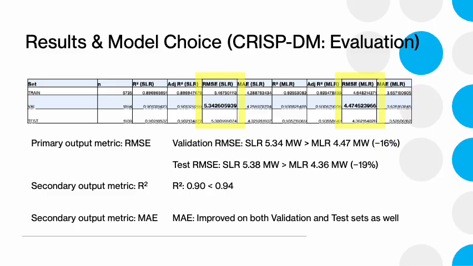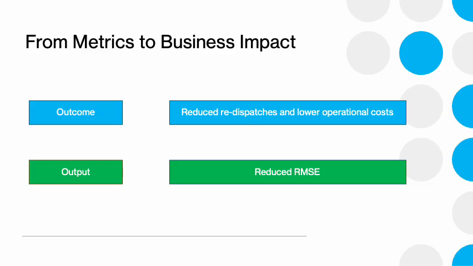That tells us that everyday errors got smaller, not just the occasional big misses that drive root mean squared error. In other words, the model is more consistent and easier to trust for planning, which is helpful for our stakeholders. Note that R squared also increases from around 0.9 to 0.94. Because the multivariable model won on the validation set and generalizes on the test set, I selected it as the final model.